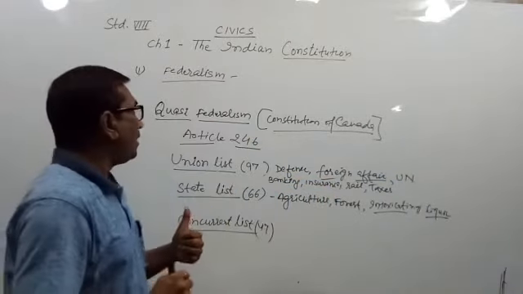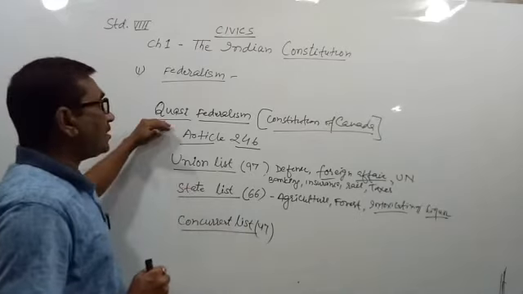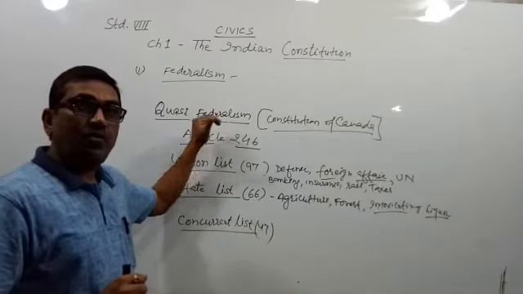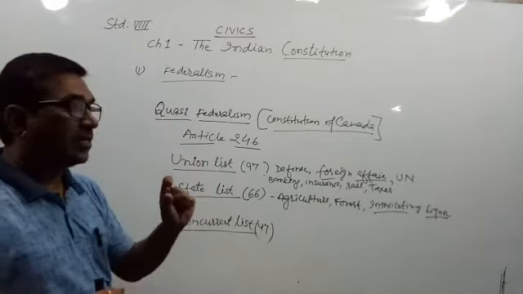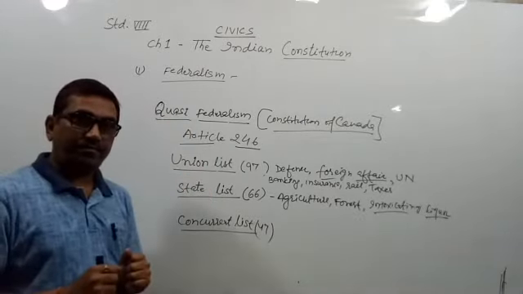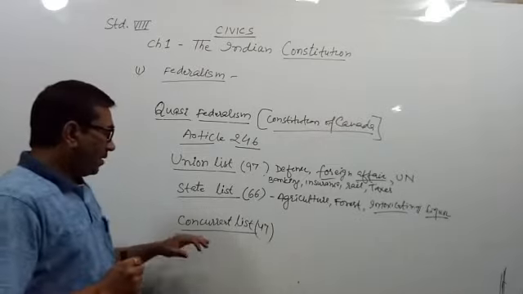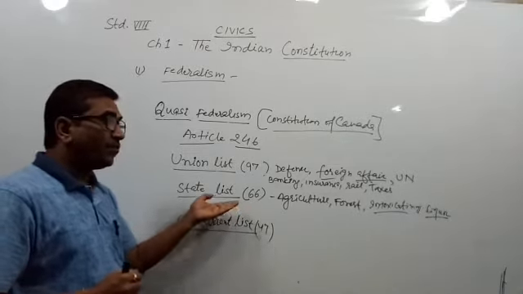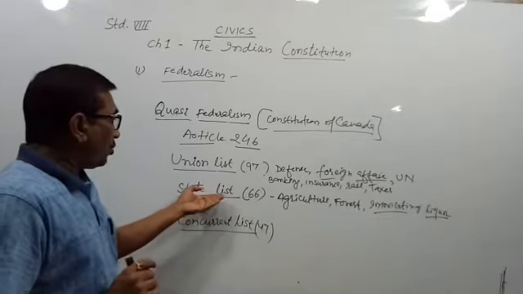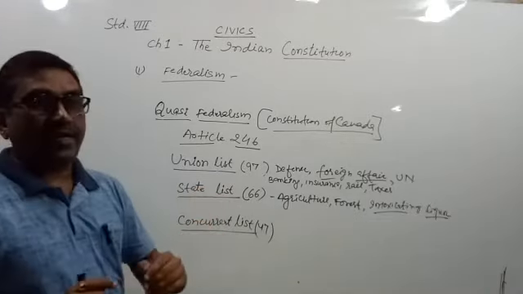It means here the central government has more power. That's why in the starting I told you that it is a quasi-federalism. In quasi-federalism, the central government has been assigned more power.